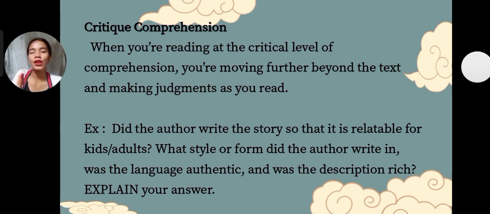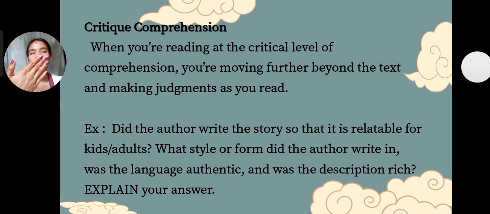So those are the 6 levels of comprehension, which is the literal meaning, the basic level of comprehension. Next is the inferential, which is an educated guess, and the evaluative, which is understanding the text. After the evaluating, there is the appreciative, which is the answer based on personal reactions and personal reflections.